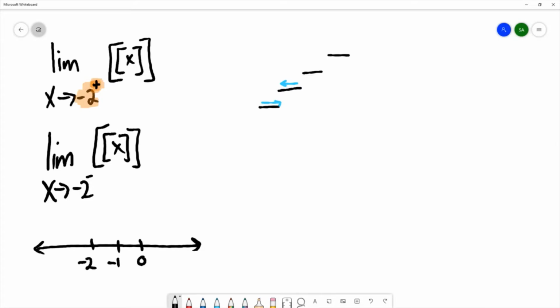To be a little bit bigger than negative 2 would be on this side, the right side of negative 2, and that looks like a number that's maybe like negative 1.5. So if I use direct substitution with negative 1.5, the greatest integer that is less than or equal to negative 1.5, so if my number is right here, would be negative 2.